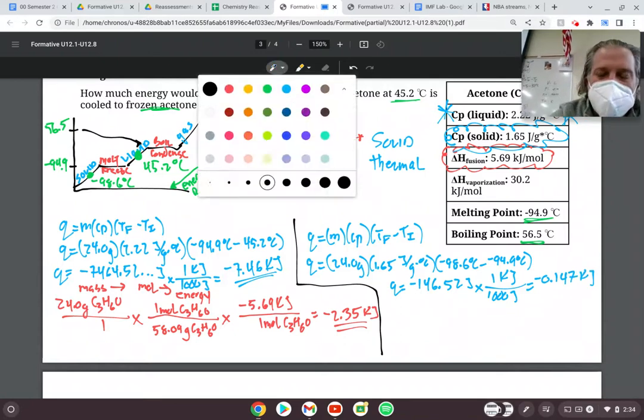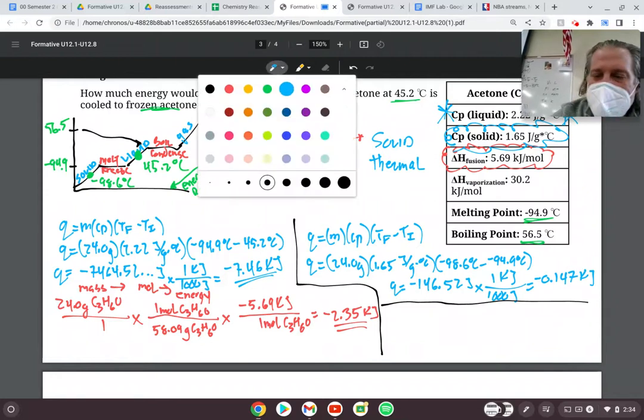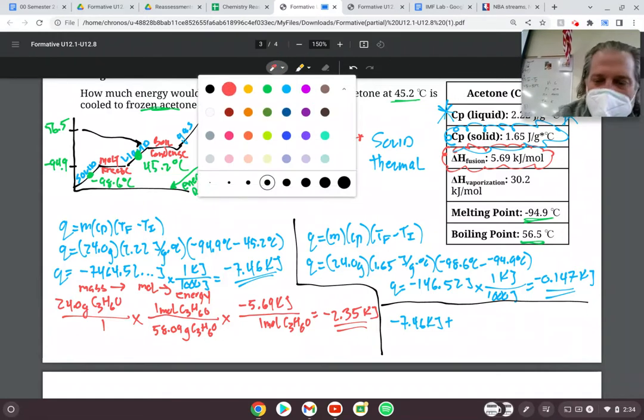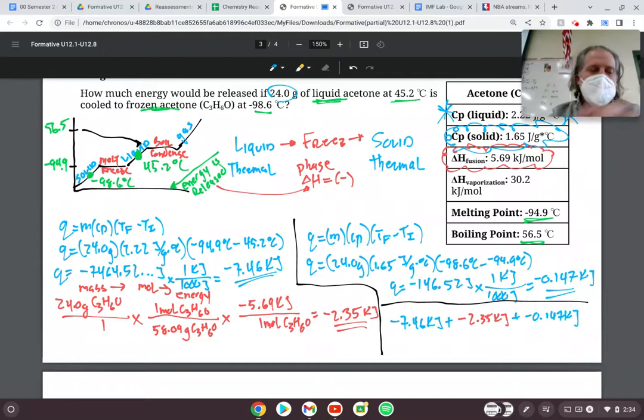The last thing that you have to do is you have to add all of this up. So I'm going to add the negative 7.46 kilojoules plus the negative 2.35 kilojoules plus the negative 0.147 kilojoules.